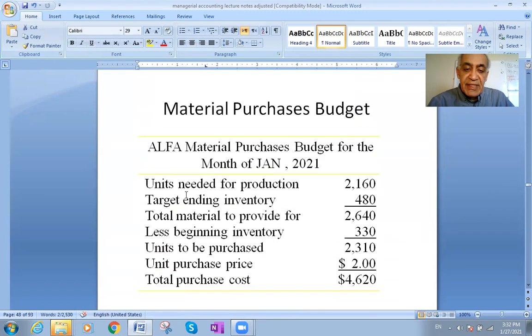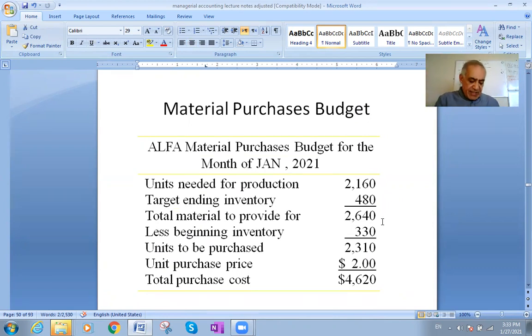So we will add the ending inventory. When you add 2,160 plus 480, it will give you 2,640.